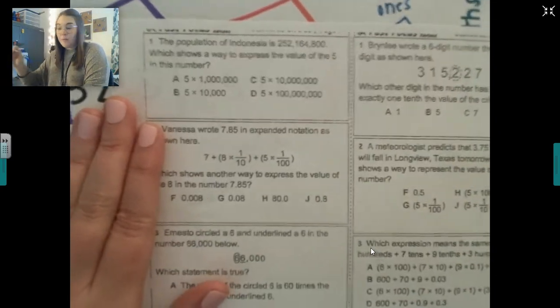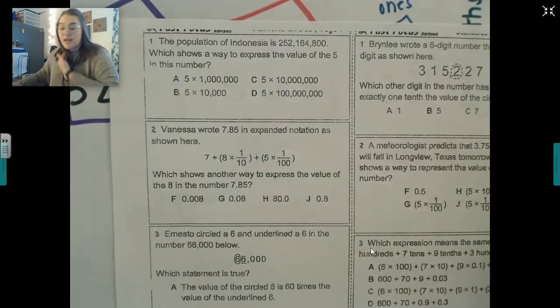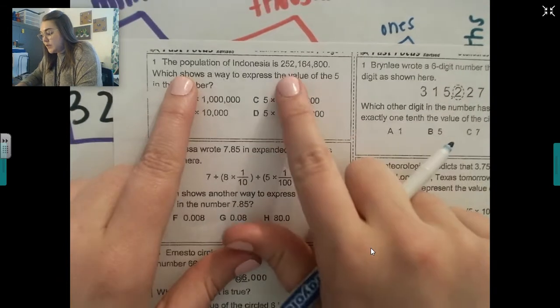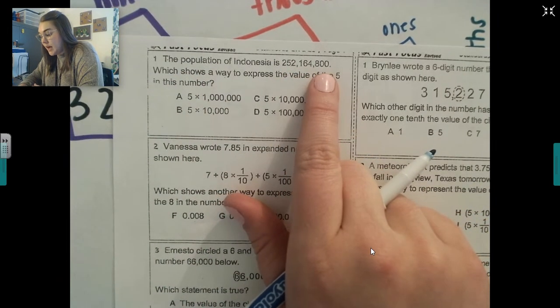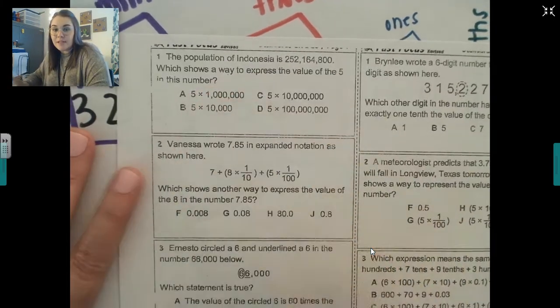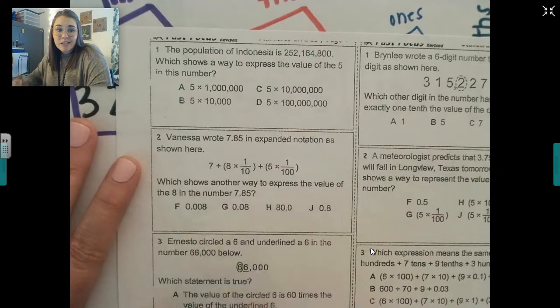So yesterday, y'all did this paper, and we are going to go over a few of them together. The population of Indonesia is 252,164,800, which shows a way to express the value of the 5 in this number. So it looks like this is all expanded notation.